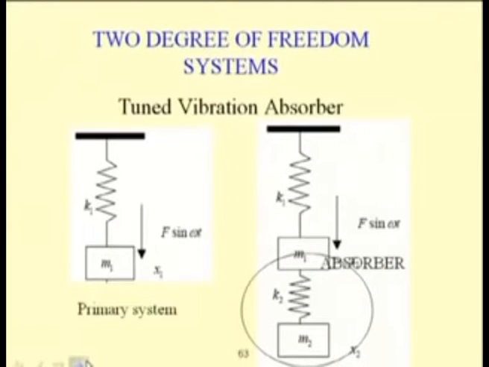So, after this brief review about 2 and multi degree of freedom systems, let us see how this 2 degree of freedom system analysis is helpful for us to reduce the vibration. For example, consider a pump or any internal combustion engine which are inherently unbalanced.